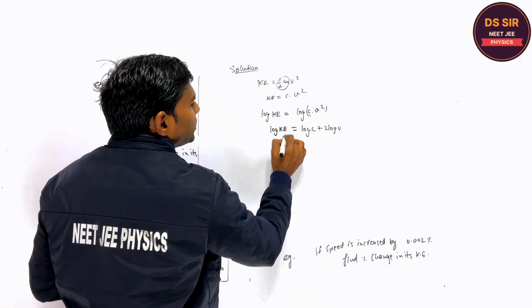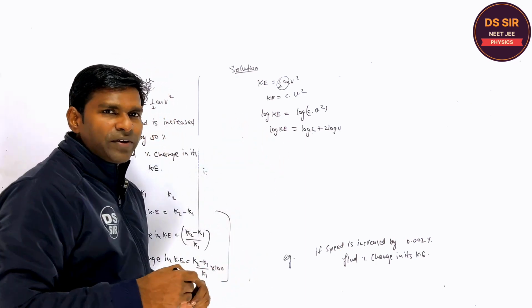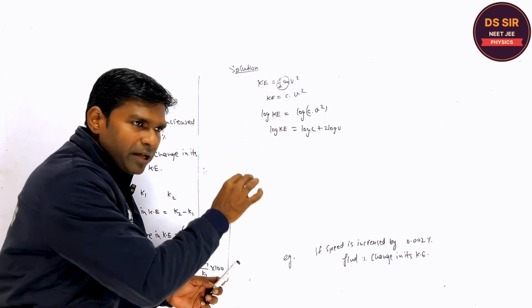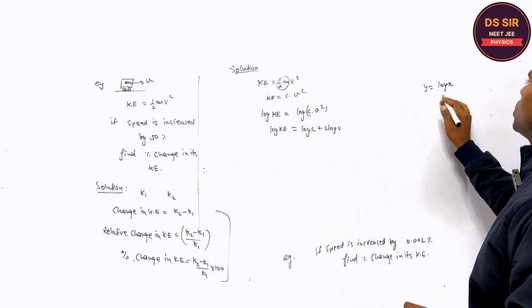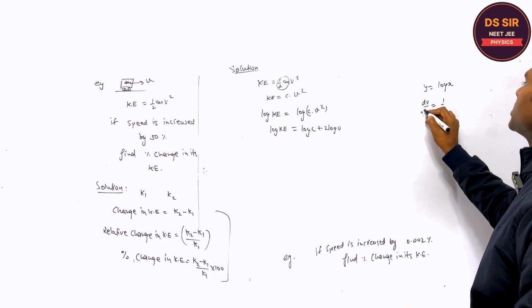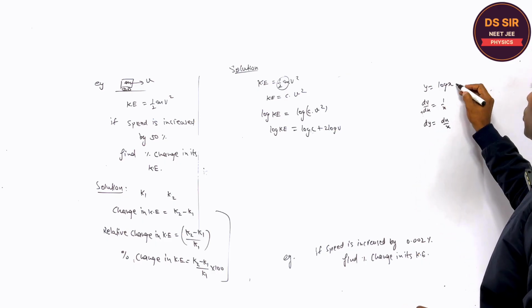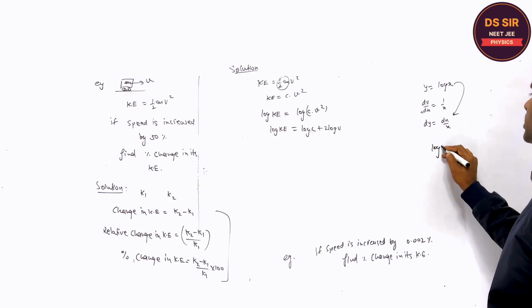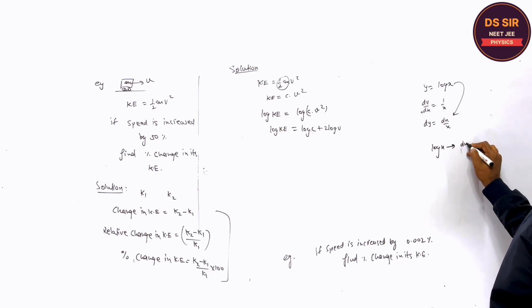Log kinetic energy. Now you have to take differentiation. Although differentiation is a very big chapter, here you must understand, again I am telling, if y is log x, dy upon dx is equal to 1 upon x. So dy is equal to dx upon x. So the differentiation of log x is dx upon x.